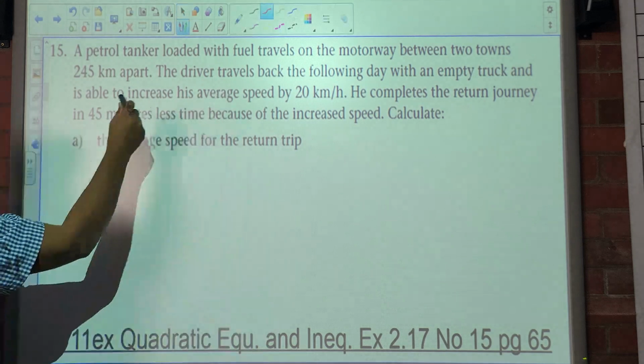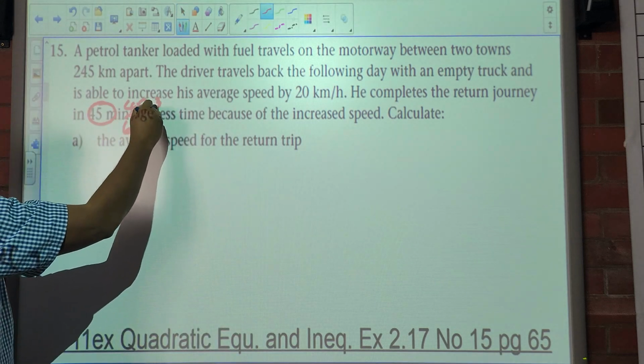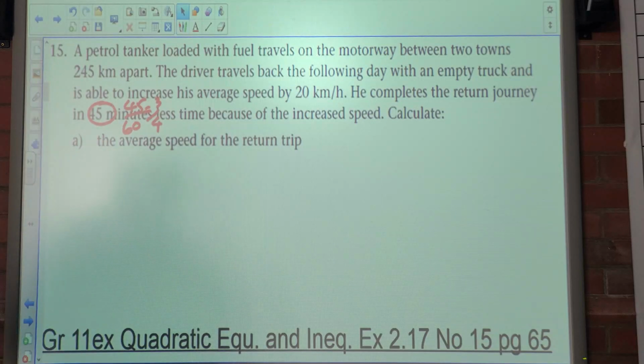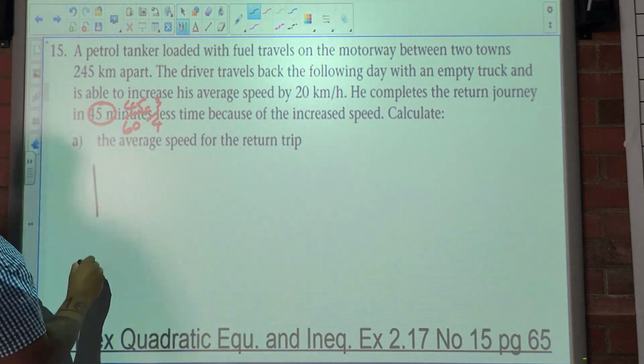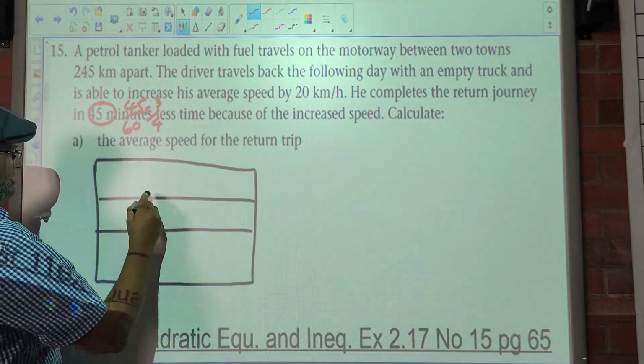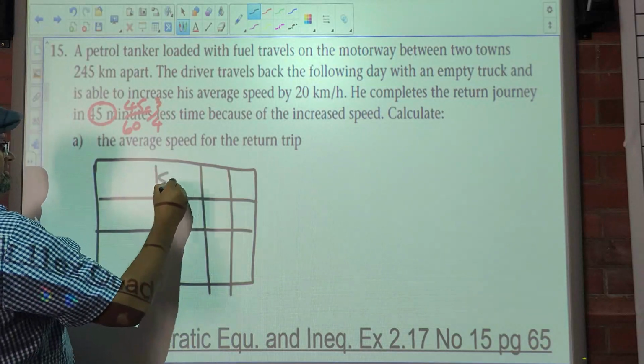People, remember this is kilometers per hour, so 45 over 60 is the same as 3 over 4 of an hour less because of the increased speed. Calculate the average speed for the return trip. People, this is the speed, distance, time question. So we have speed.